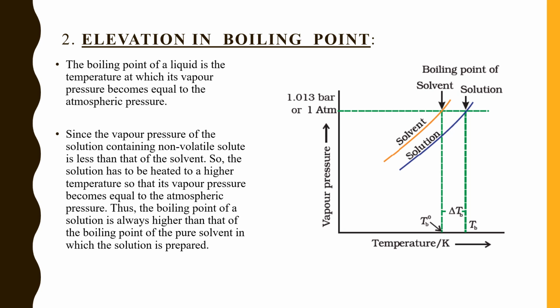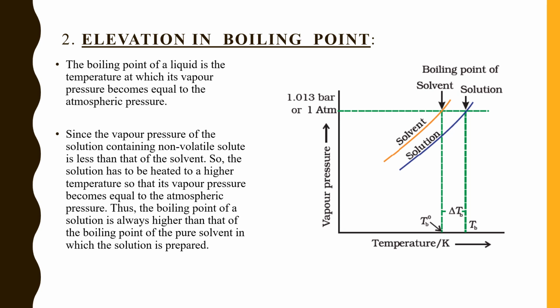Since the vapor pressure of the solution containing a non-volatile solute is less than that of the solvent, as we all know, the vapor pressure of a solution with a non-volatile solute is always less than that of the solvent. So the solution has to be heated to a greater temperature so that its vapor pressure becomes equal to the atmospheric pressure. If we are talking about boiling point, and we added a non-volatile solute to the solvent and a solution is formed, what will happen?